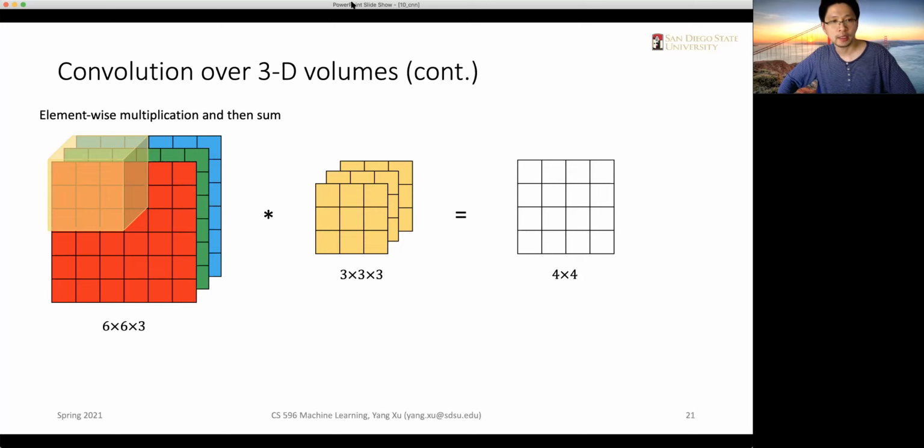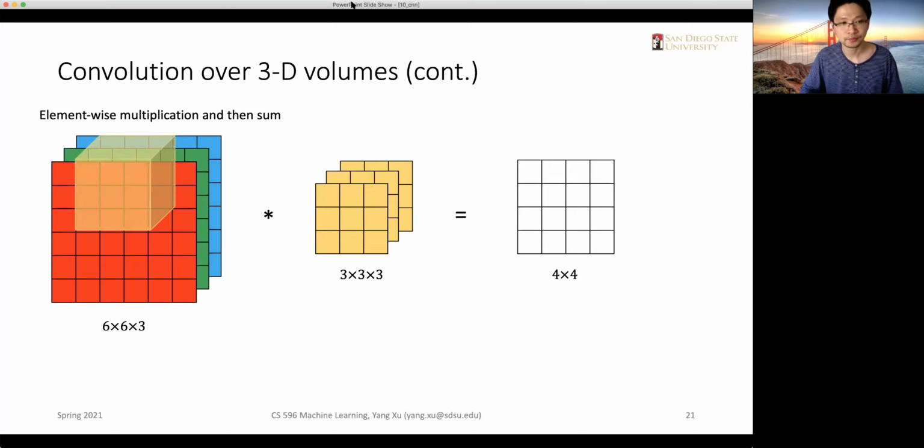Then there will be 3 times 3 times 3, which is 27 elements within that region, highlighted by this yellow cube within the inputs. What we're gonna do is compute the summation of the element-wise multiplication, which is similar to the dot product, but now in 3D. We collect all the elements in that 3D space, compute the element-wise product, and sum up all the products.